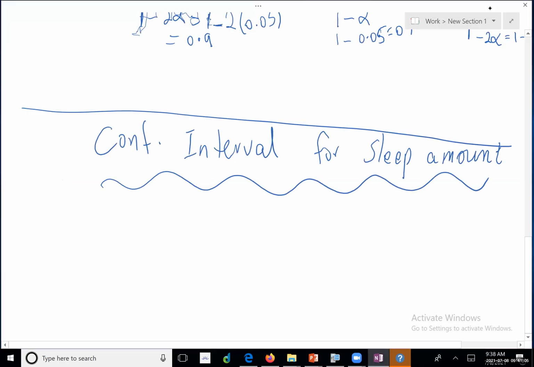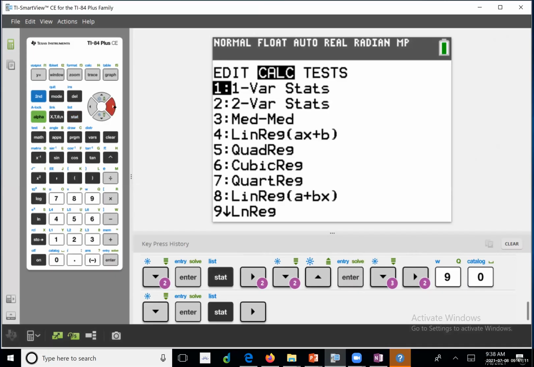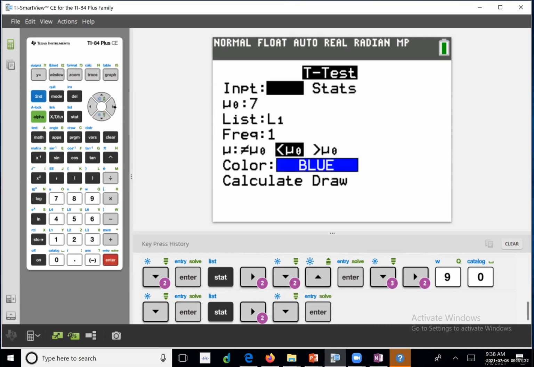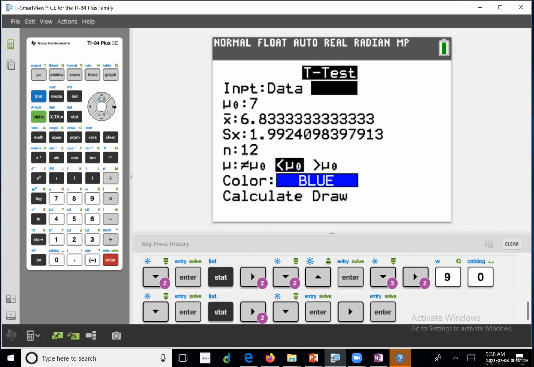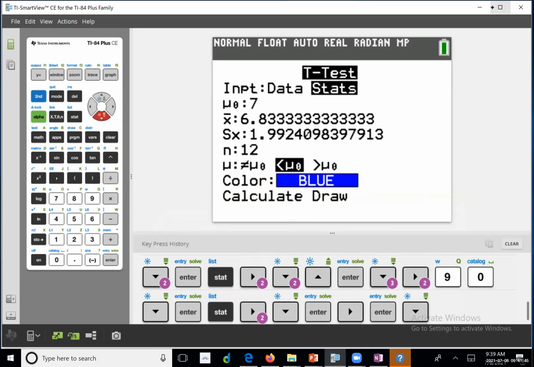So you go to the calculator, stat, test. Just keep in mind that I know the material. You need to learn it, so do it with me. You go to t-test. This time you use the stats option, not L1. The null hypothesis mu we wrote down was 98.6.